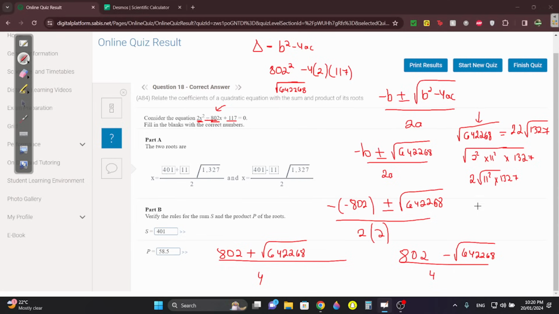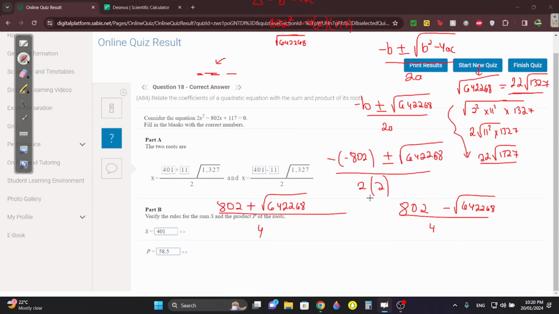Then you take out 11 squared, becomes 2 times 11, 22 radical 1327. So now we know that radical 642268 is 22 radical 1327.